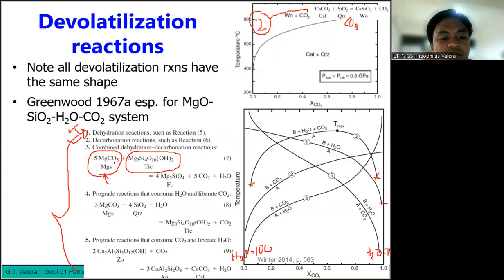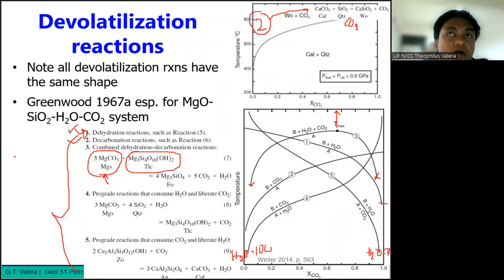So, the question now is, when is the reaction occurring at the most ideal state, our Tmax? When is the maximum temperature reached? The maximum temperature is reached at this ratio equivalent to one part water, 5 parts CO2.